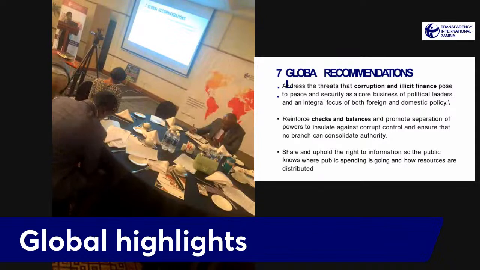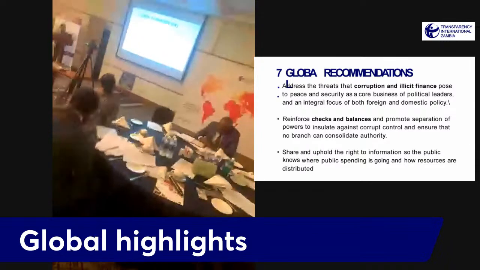Reinforce checks and balances and promote separation of powers, which will insulate against corruption control and ensure that no branch can consolidate authority. So it's very important that there is a separation of powers between the judicial, executive, and legislature.